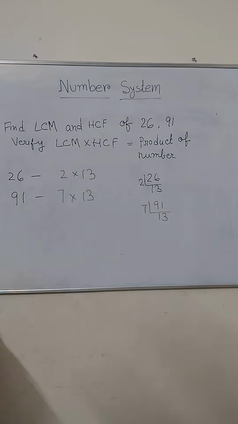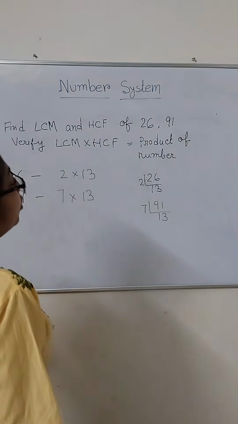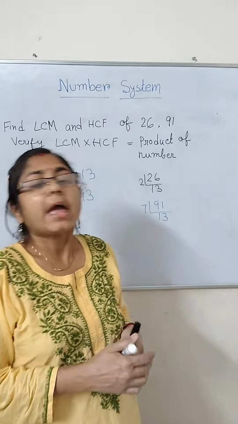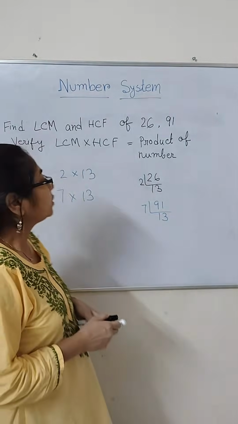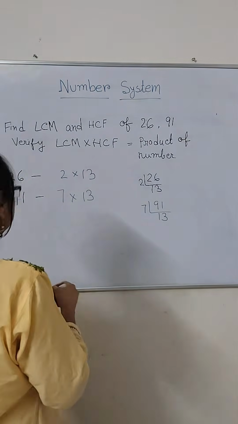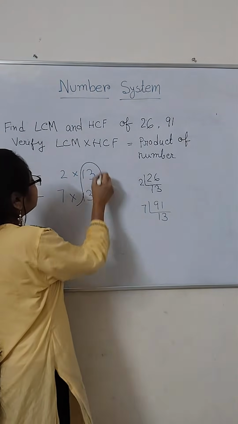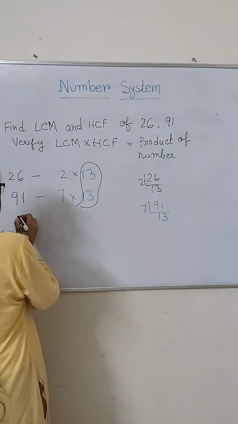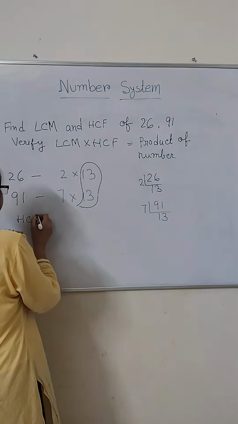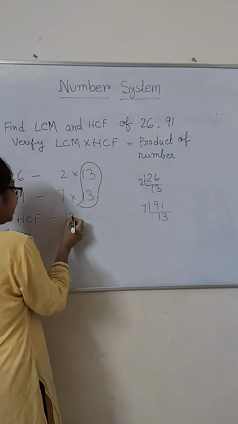Okay? So, what is the HCF? HCF is a number which is present in both. Here I can understand that 13 is a common number. Common number is the HCF. So you write HCF equal to 13.